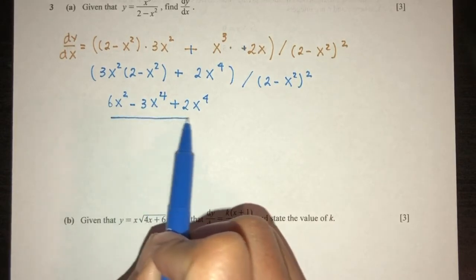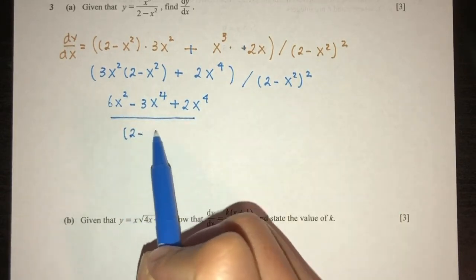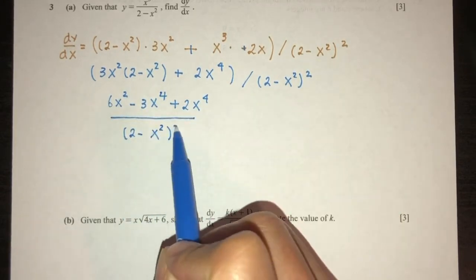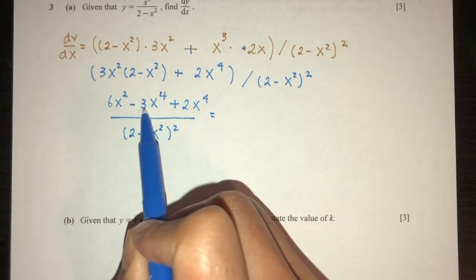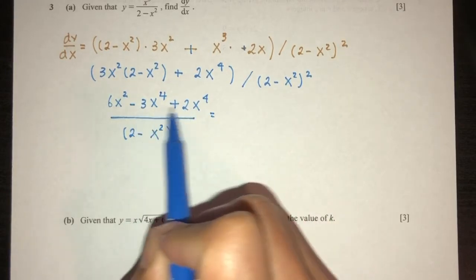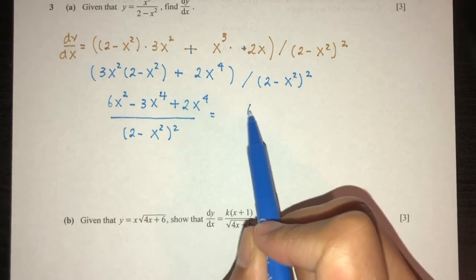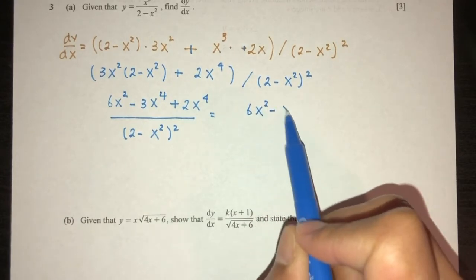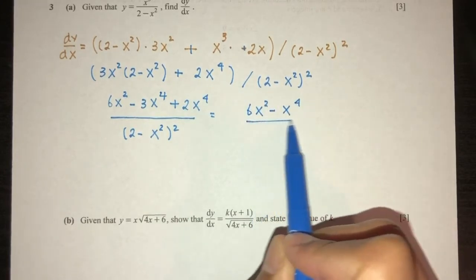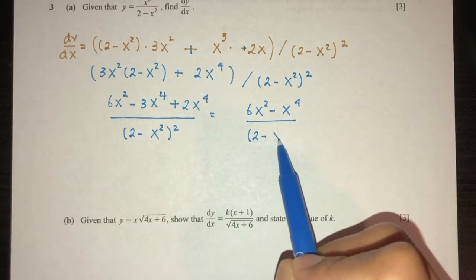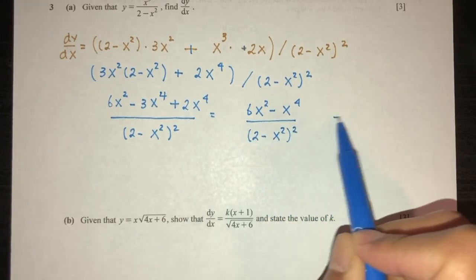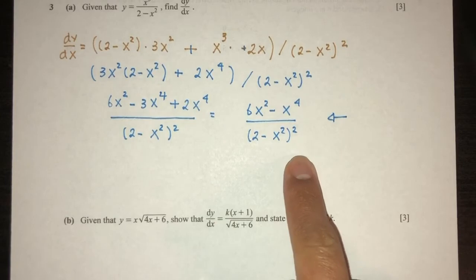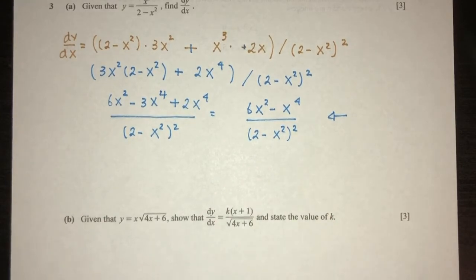That is over 2 minus x squared, and that will give you, so this will be minus 3 plus 2 is minus 1, so you will have 6x squared minus x power 4 divided by 2 minus x squared. Okay, you will have this as your fraction for dy by dx.